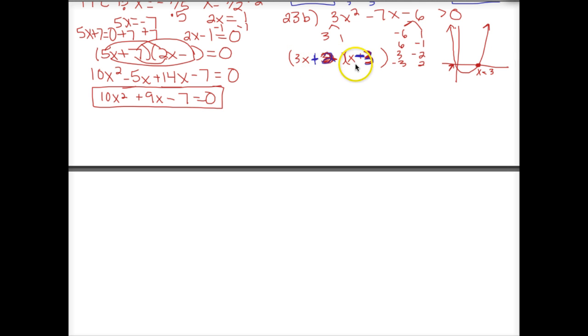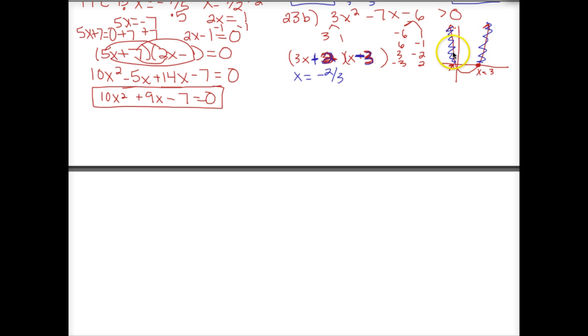So that means I know that this was x equals 3. Again, you can use that to kind of cheat on the guess and check if you want. This one's going to give you x equals negative 2/3. So now I know my other x-intercept. So if you're solving graphically, that means just look at the parabola. This is a greater than sign. So what's above the axis is the arrows.